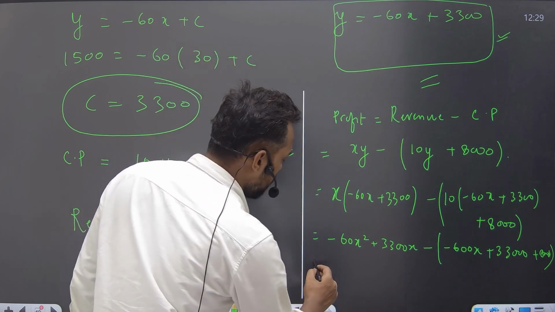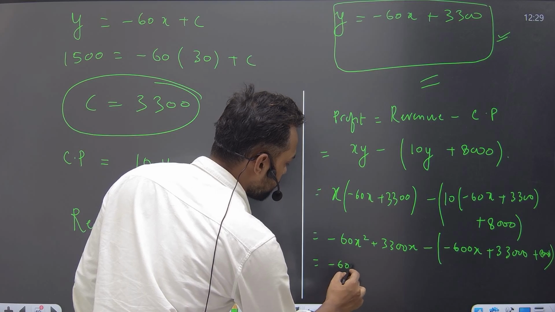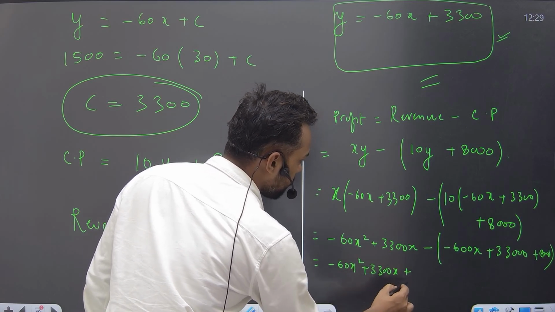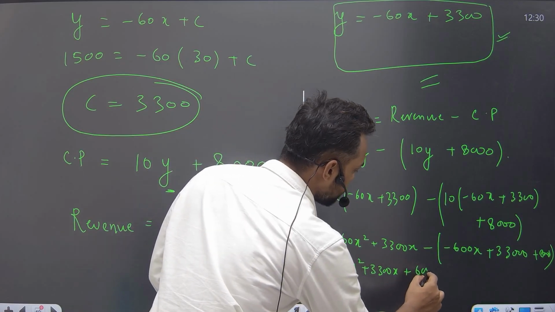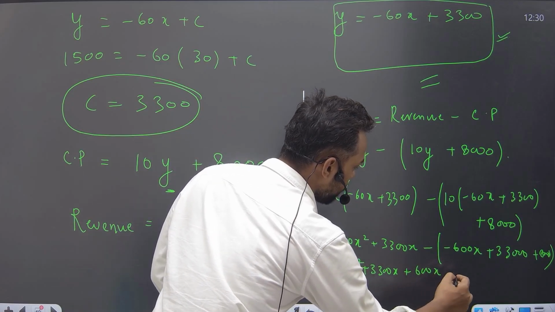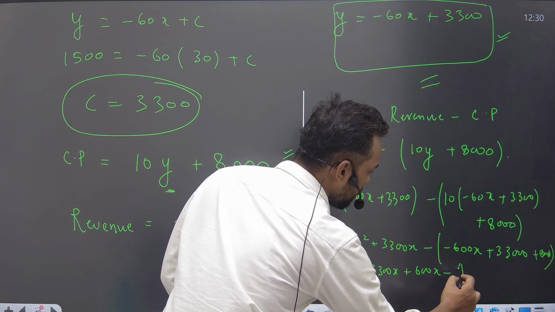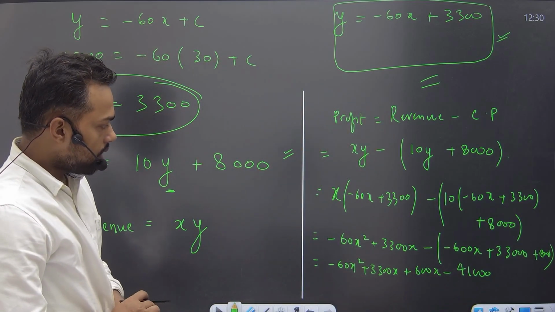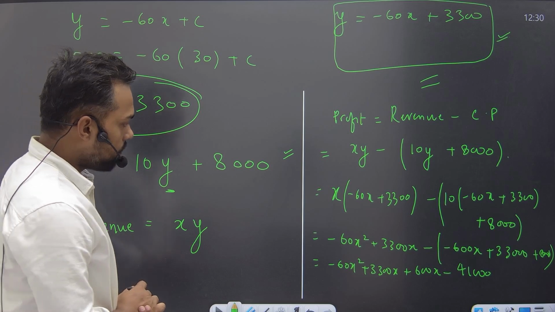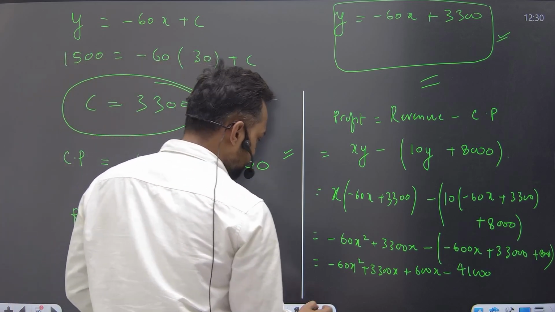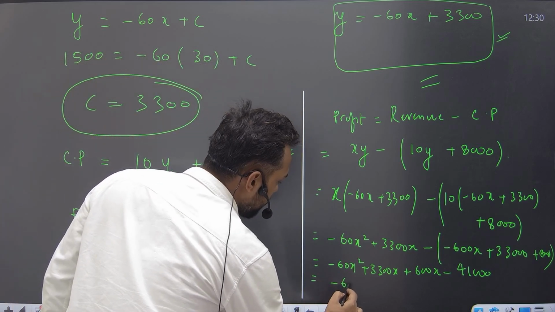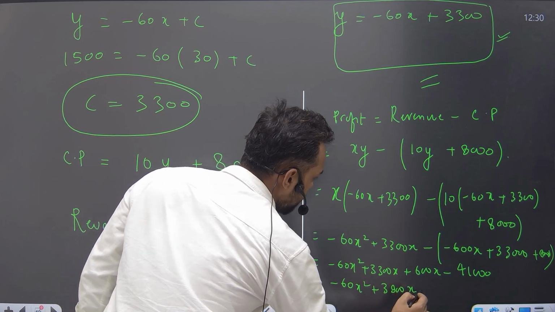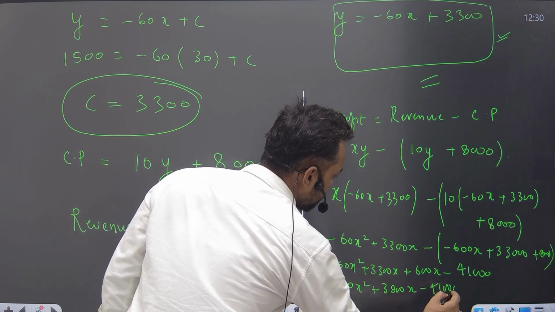From here we will get minus 60x square plus 3300x plus 600x minus 41,000. Again on further solving, what will be the final equation? I will write it here: minus 60x square plus 3900x minus 41,000.